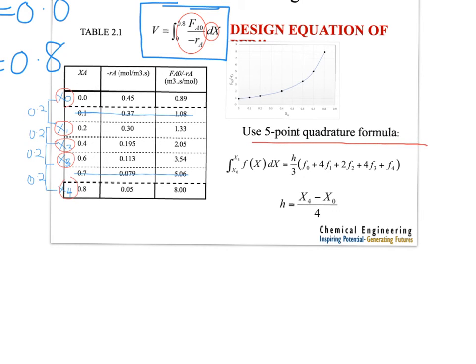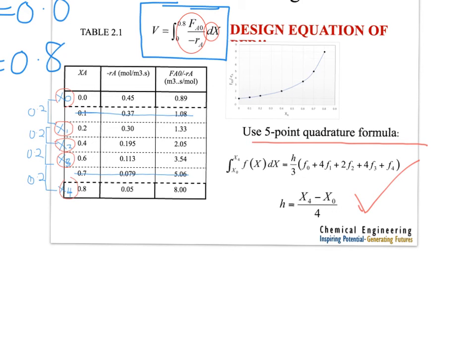Don't worry, this equation will be provided to you during the test and also the final exam. It will be given to you, but you need to know which equation to use. I also provided an attachment together with your lecture notes, so you can refer to the equation in the appendix as well.